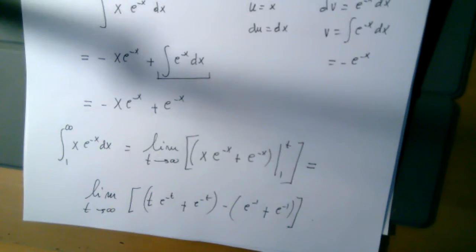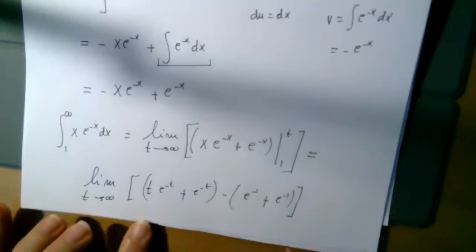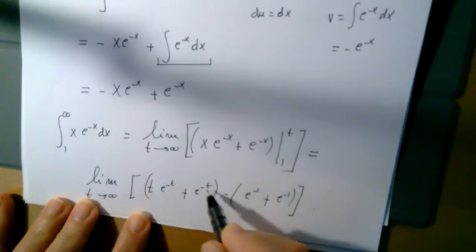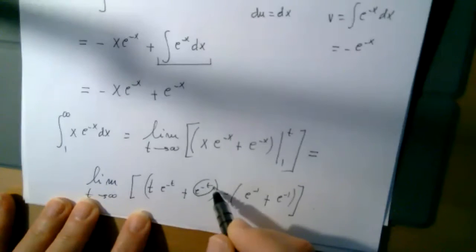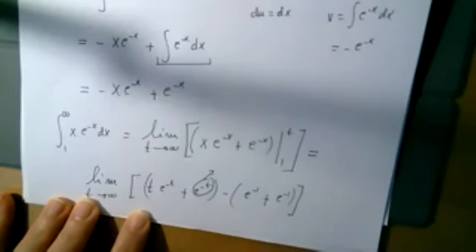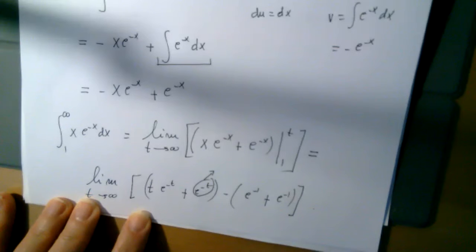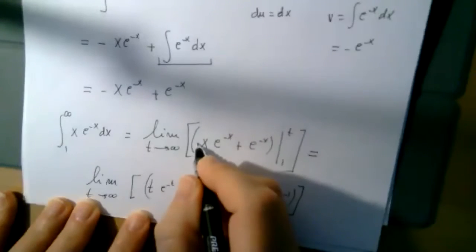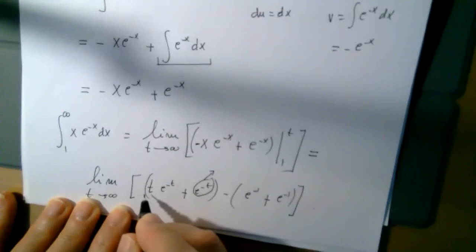Okay, plus that. Okay, what happens when t goes to infinity? Let's analyze it. When t goes to infinity, e to the minus t goes to where? We just did it a minute ago. I'm missing a minus sign.